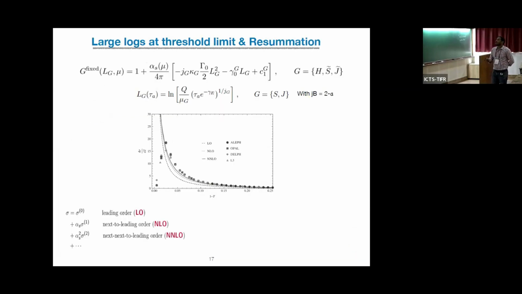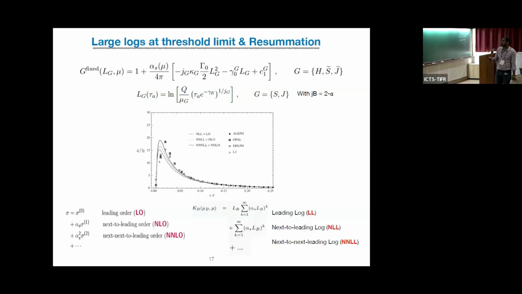Okay. So just a pictorial understanding of the resummation. This is the data for E plus E minus. Order by order, including the alpha order perturbation series gives you divergence in the low tau region.